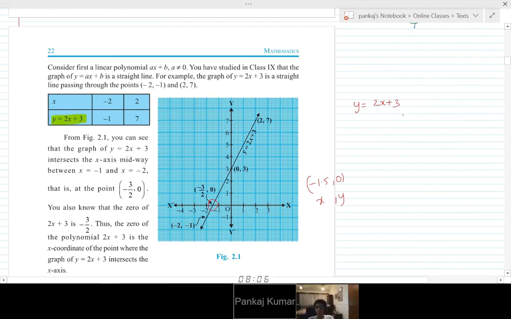For what value of x is this polynomial equal to 0? An easier method is to just take it as 0, and then we can solve it and easily find the value. So this is the zero of this polynomial. Easy?